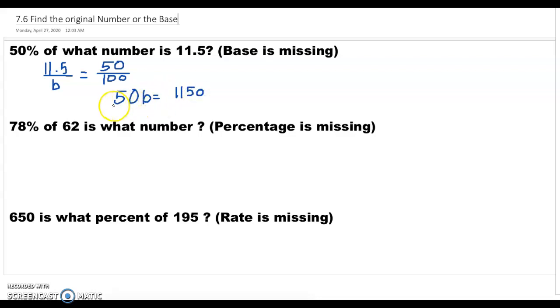Then we divide 50 on both sides, excuse me for my writing. After you do that, you're going to find that your answer is B equals 23. And that's your answer using the proportion formula.